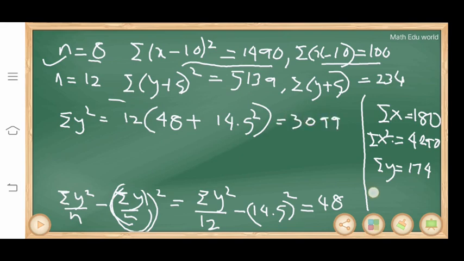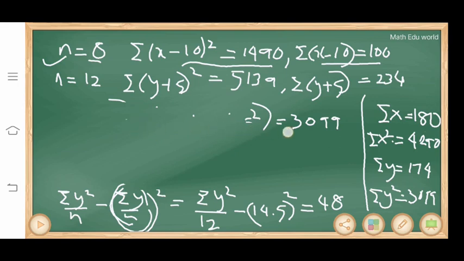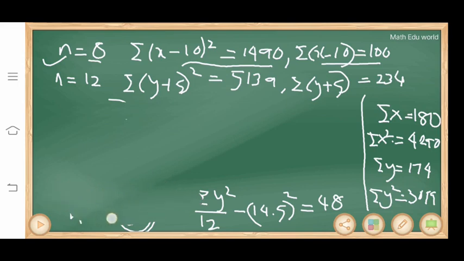So we get sigma y squared as 3099. So remember, to find the variance of the combined data, we have to go through all these measures, all these steps.